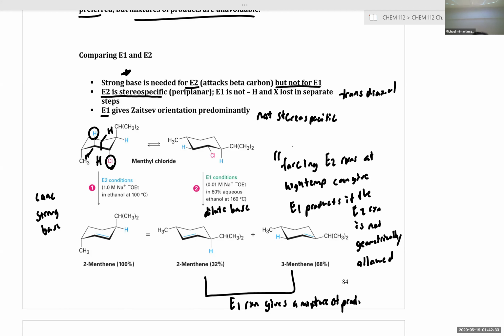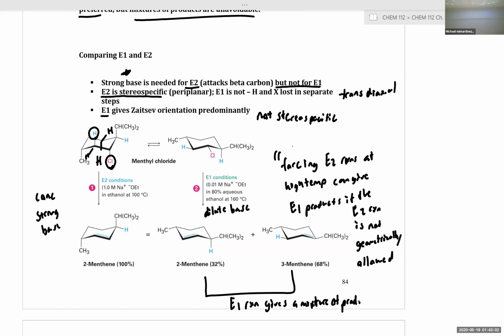Does this distinction between E1 and E2 make sense? E2 reactions are stereospecific. They require a unique, specific conformation for a reaction to occur. E1 reactions are not as selective, and they give mixtures of products. Does that make sense to everyone?